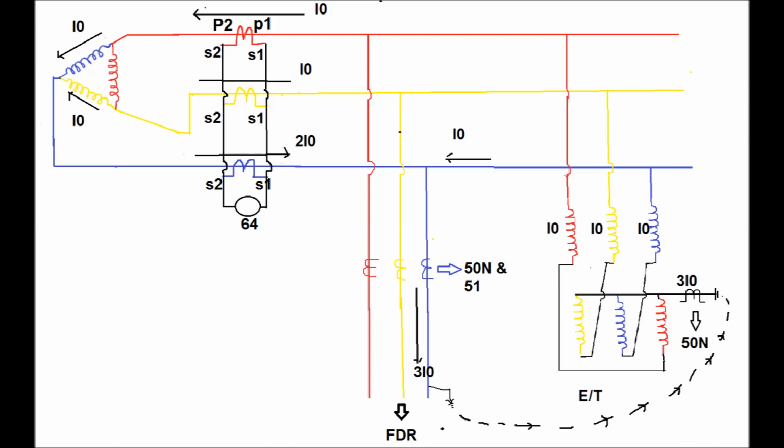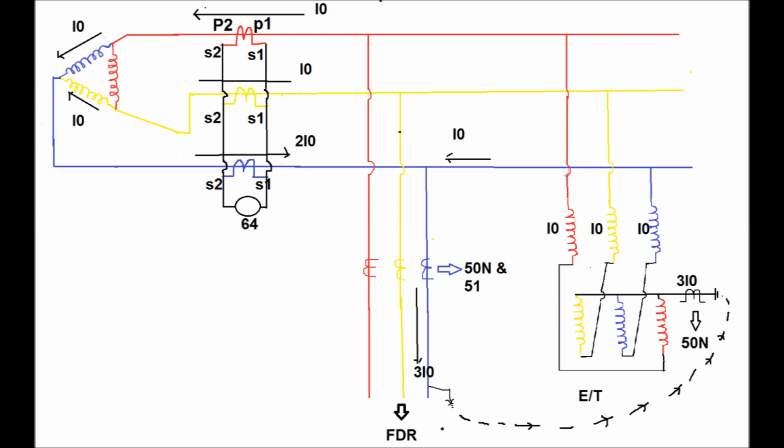Again this I0 of the yellow phase and red phase is summed up, and that is 2I0 current, which flows towards the blue phase of the main bus and comes to the feeder blue phase, and at the end comes to the fault point as 3I0 as shown in this diagram.